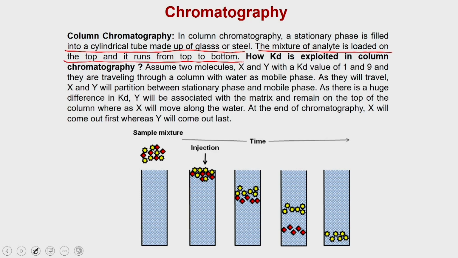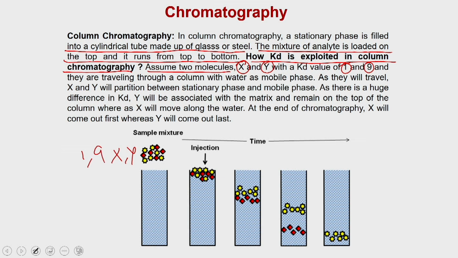Now, let us see how the Kd is exploited in column chromatography. Assume two molecules X and Y with Kd values of 1 and 9 are being loaded onto this particular column.